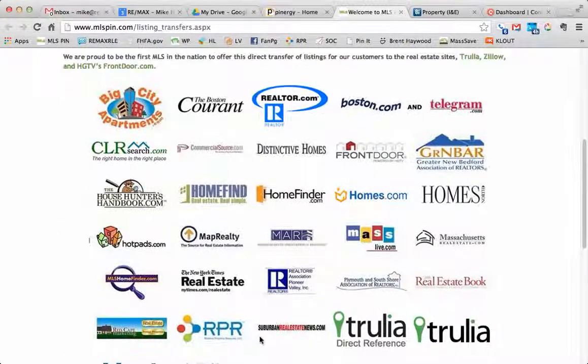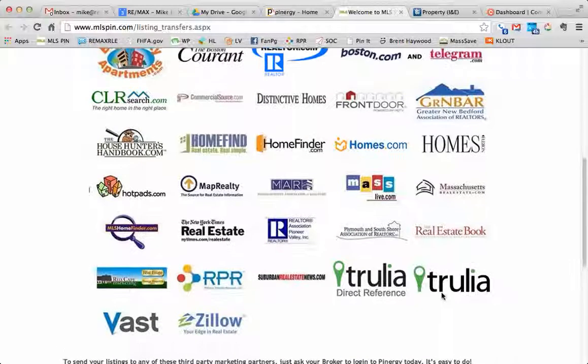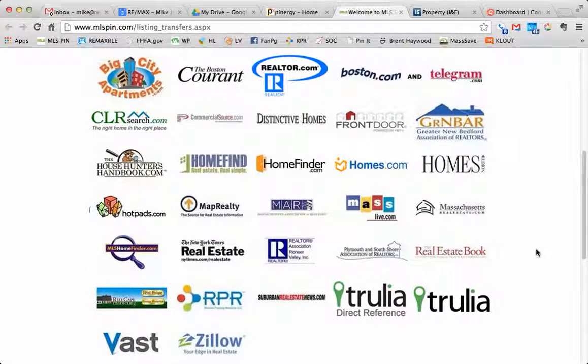It's going to go to Remax.com, Century 21, Any Moves, Redfin. Basically, it's going to go to thousands of websites. But here's the catch. It's going to go to some of these websites faster than others, and only some data points are going to go to some of the websites.